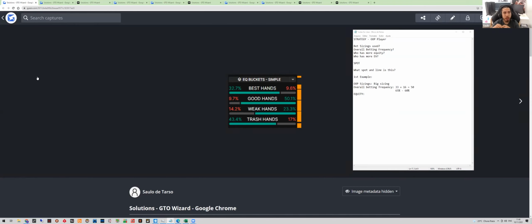When we are out of position, we can't really afford betting all of our best hands out of position, and that's true. But that's because usually we have a very significant merged component in our checking range when we're out of position, and villain can always threaten us with polarization if we check. So the only way to achieve balance is by checking some of our strongest hands.